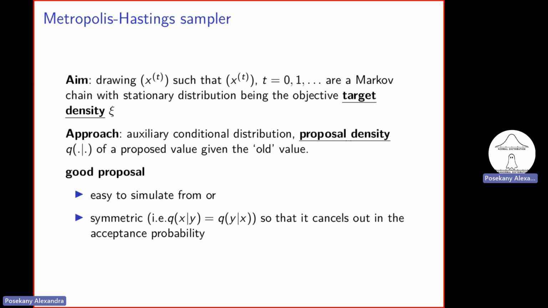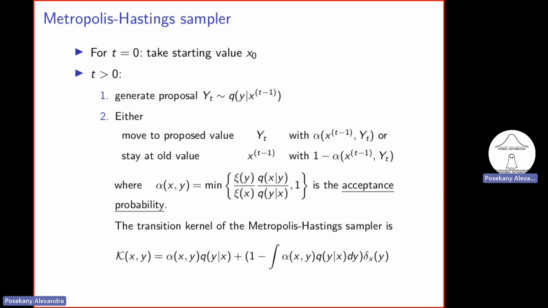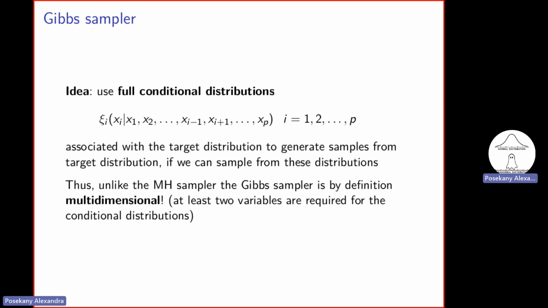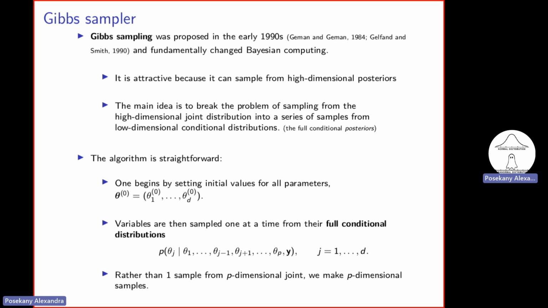Okay? Whereas Metropolis Hastings, because it has this acceptance probability anyways based on some proposal distribution, never mind, it just works with 1 dimension as well. It doesn't require a second one. But the Gibbs sampler is always multidimensional and therefore always requires at least a second parameter. Just to keep that in mind.